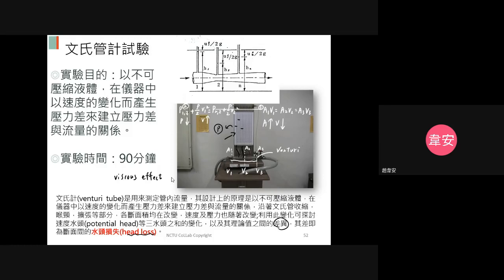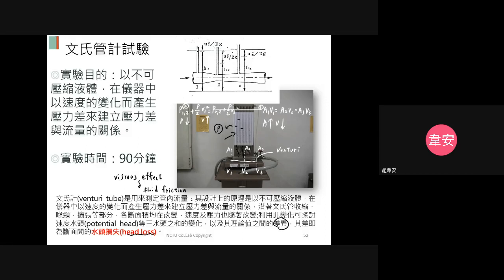But in the real case, we will have the viscous effect, and this is related to the Bernoulli equation. So that's why, based on theory, we can compute the velocity or pressures, but they will have some difference compared to the actual measurements. And the difference we call head loss, caused by the viscous effect.